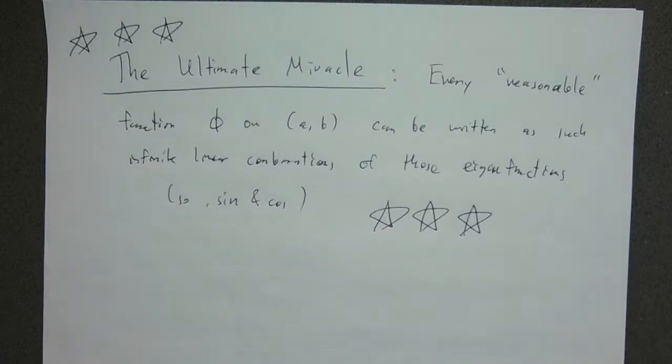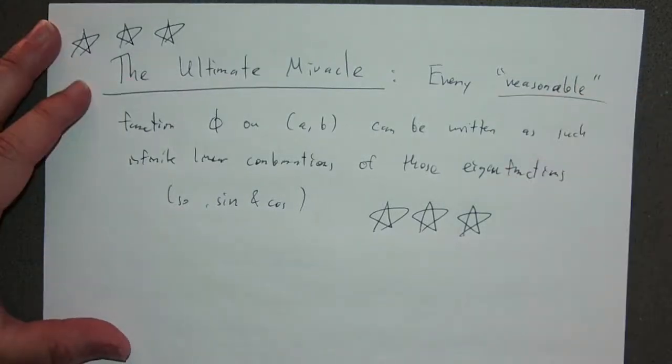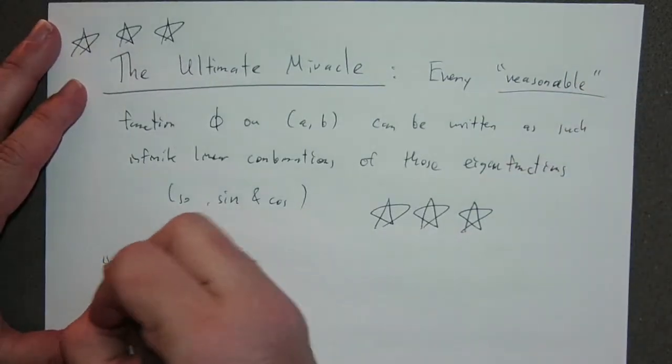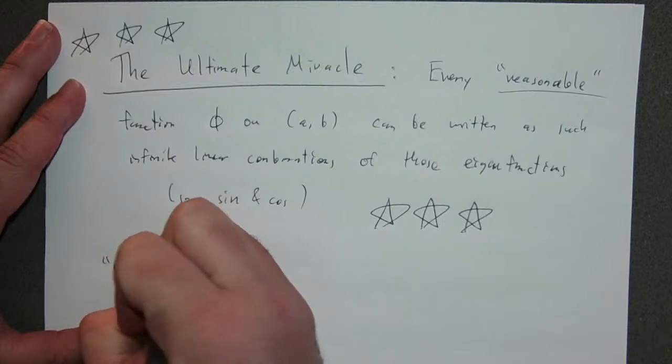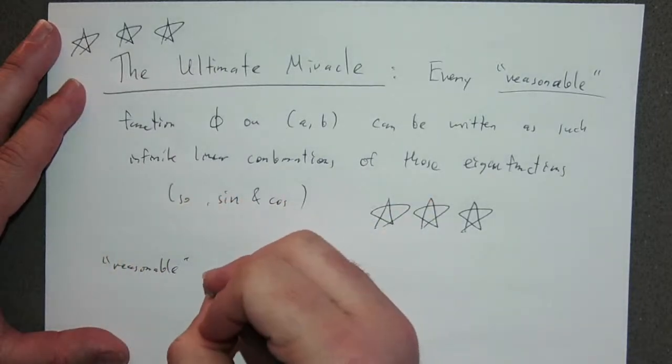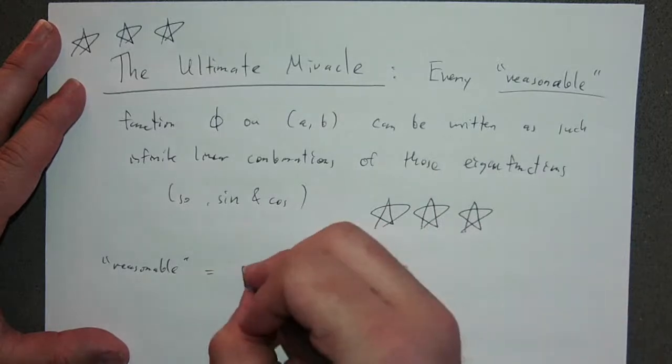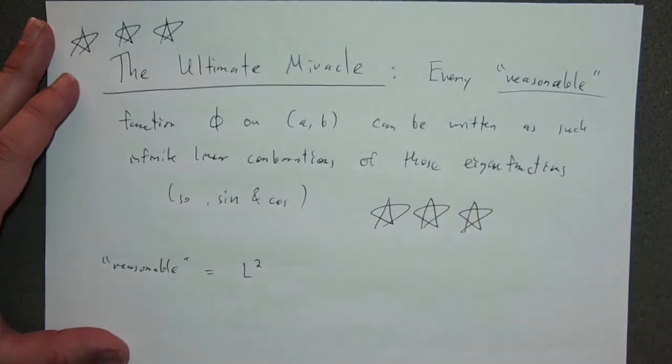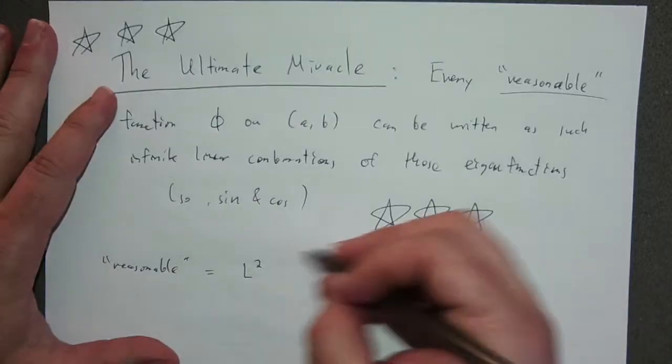So what is this? What's another way of recasting this? It's to say that these eigenfunctions we found, in the terminology of linear algebra, span the space of reasonable functions. Now, what do we mean by reasonable? If you insist, without making too many extra assumptions here, an example would be L2.